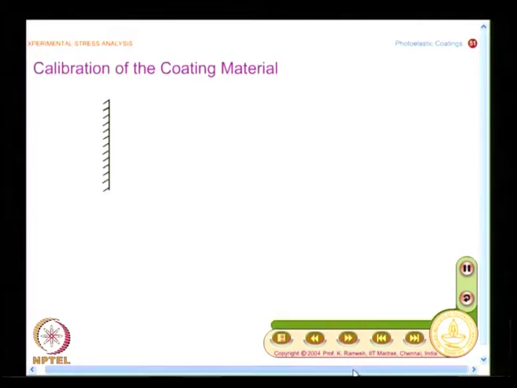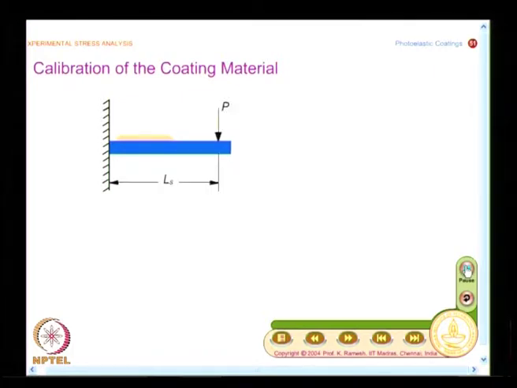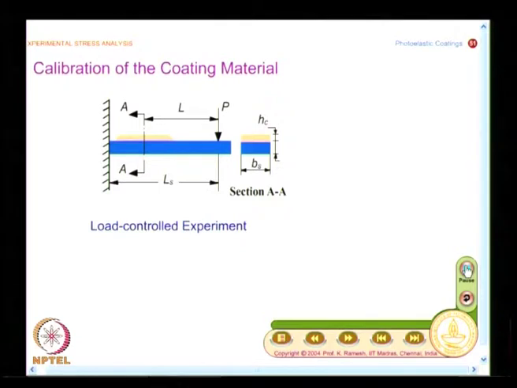And this is how the specimen is loaded, and you need to make a decent sketch of it. It is very simple. What I have here is a cantilever beam on which the coating is pasted, and if you watch carefully, I have a bevel edge here.